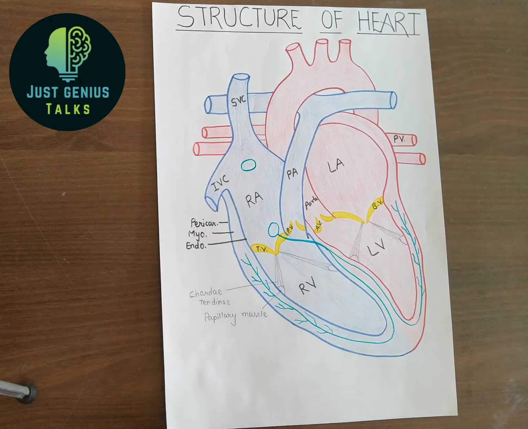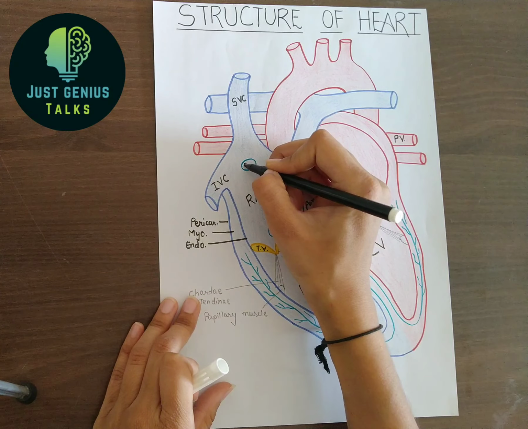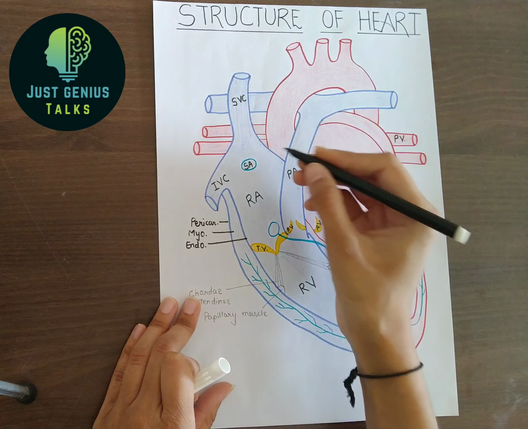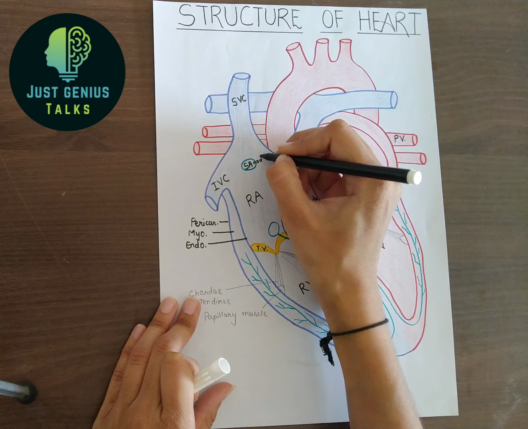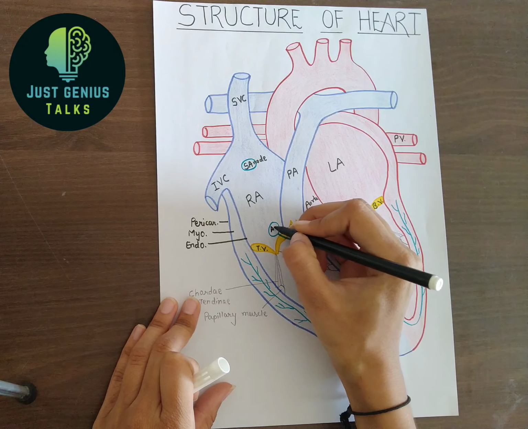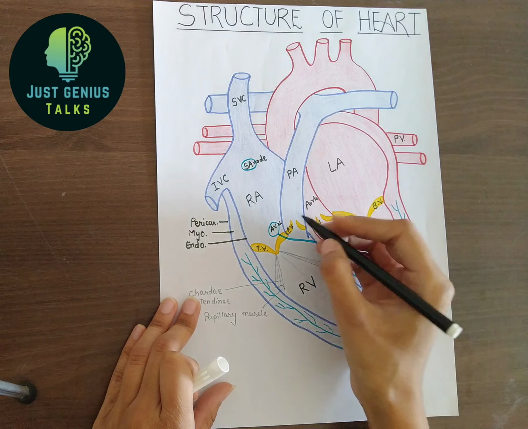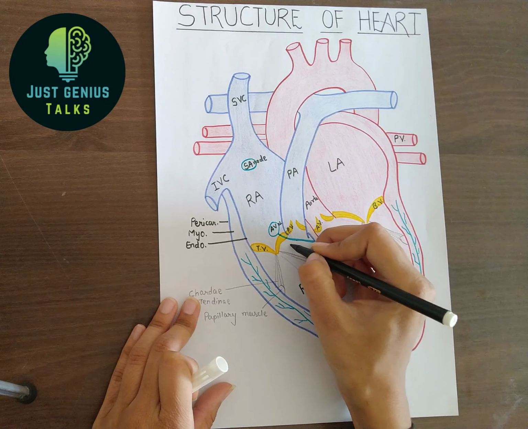Again, the SA node, the AV node. Then this one is the bundle of His.